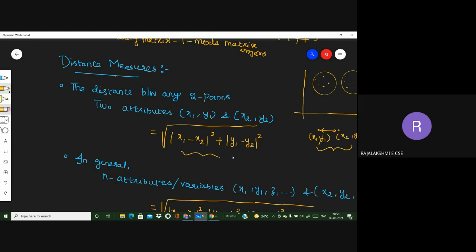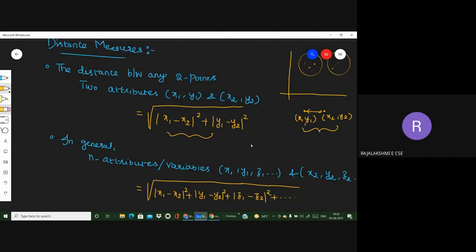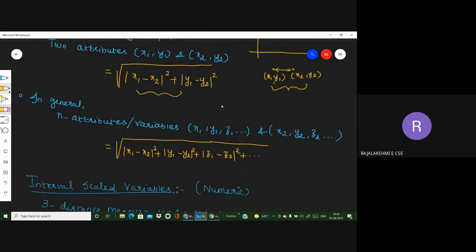What does it mean? Always we are observing a non-negative quantity. I will always get a positive quantity as output. Will you agree? Because we are using mod. Whether I put x2 minus x1 or x1 minus x2, what happens? We will be getting only a positive quantity. Yes or no? Yes, ma'am. Okay. So in general, it's not only the comparison of 2 attributes.